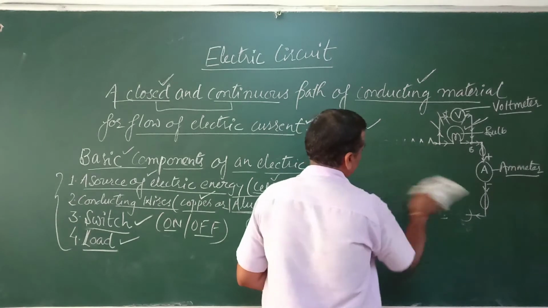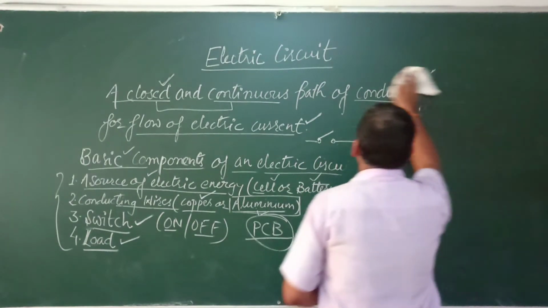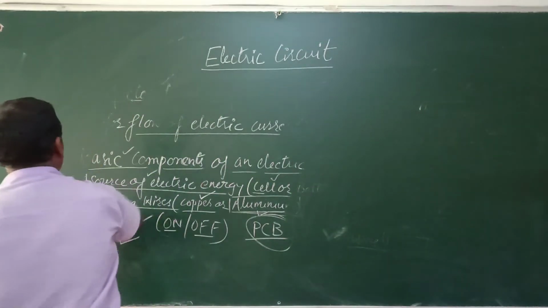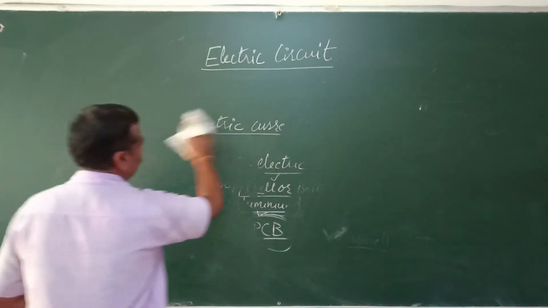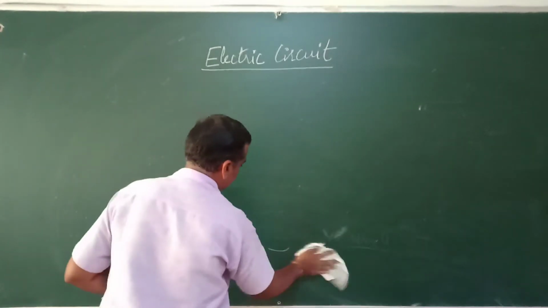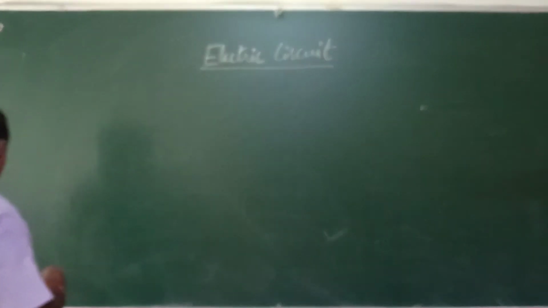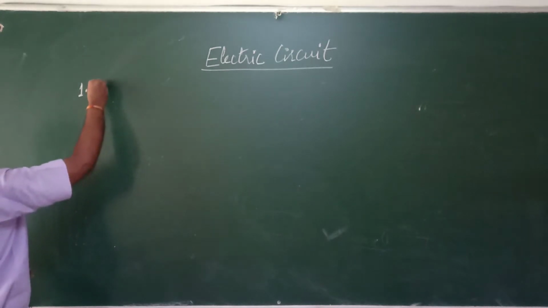Now let us come to the symbols and the functions of the different components of an electric circuit, and what are the components which are used in an electric circuit. Okay, so let us discuss. The first component is conducting wire.